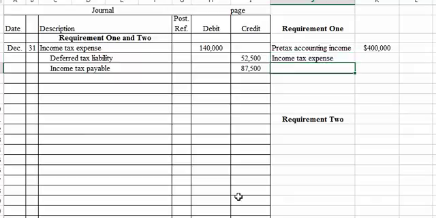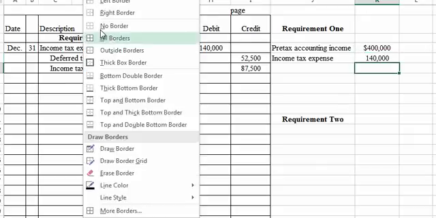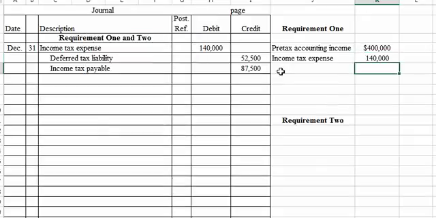You guys, this should show up on the bottom of your income statement. Our income tax expense is the $140,000, and that's going to give us net income for the difference: $260,000.